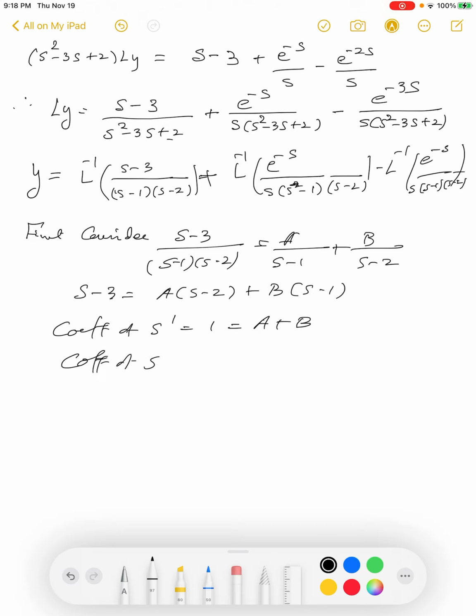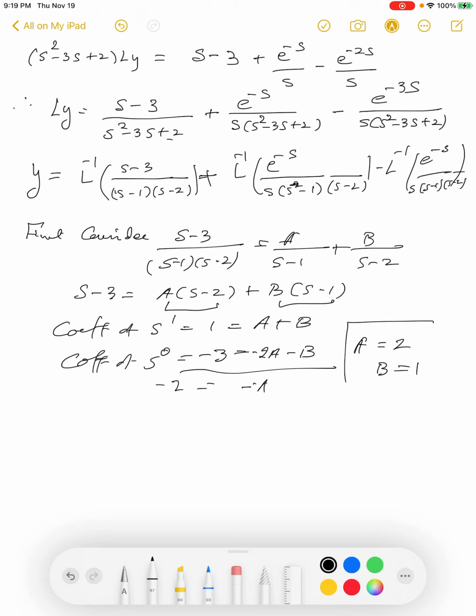The coefficient of s to the 0 is minus 3, which is minus 2a minus b. So if I add them, I get minus a equal to minus 2. So a will be 2 and then b has to be 1 because a plus b is 1.